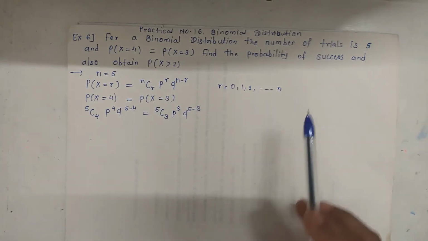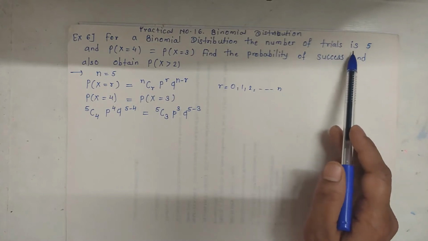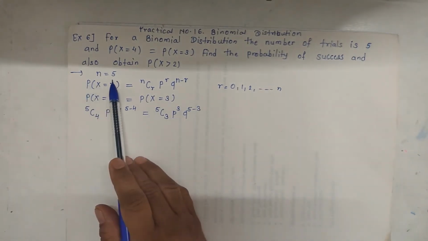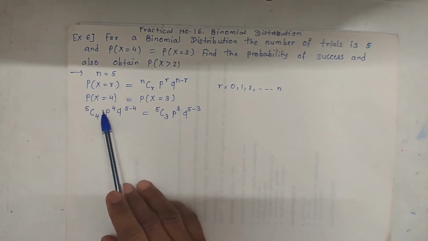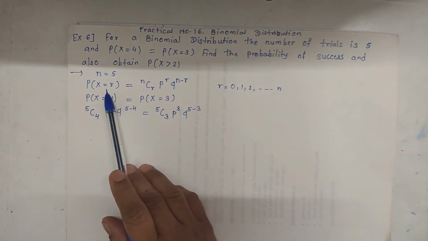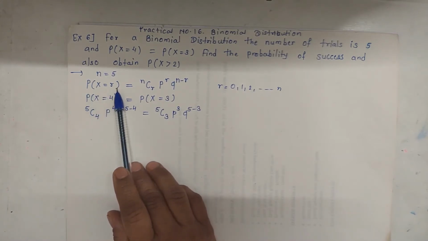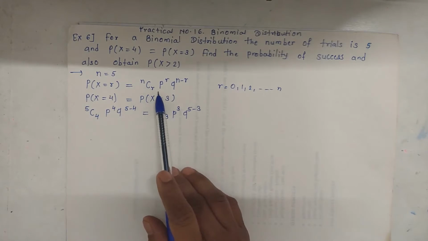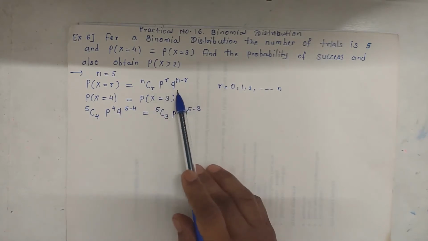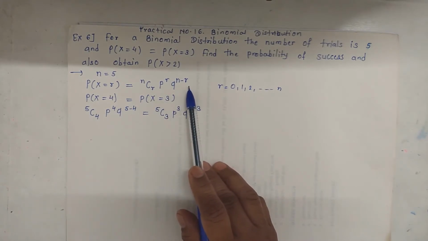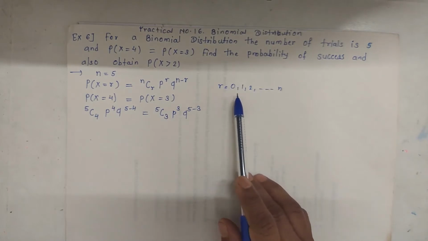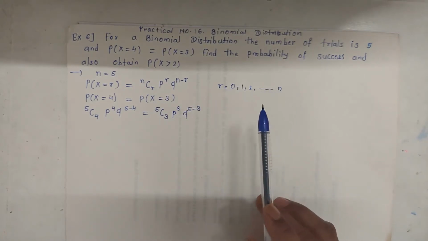Here the number of trials is given, that is n is equal to 5, and using binomial distribution, probability for x is equal to r is given by nCr into p raised to r into q raised to n minus r, for r is equal to 0, 1, 2 up to n.